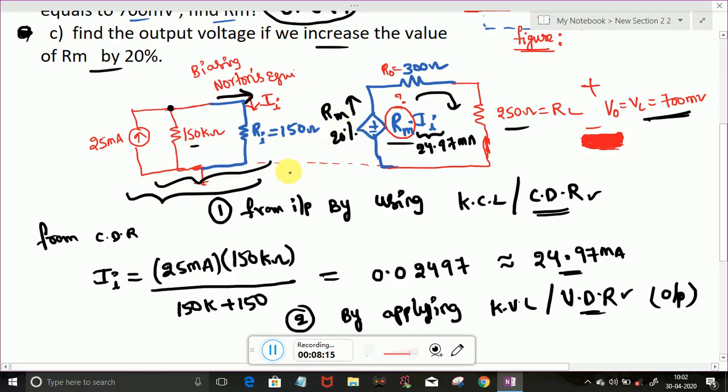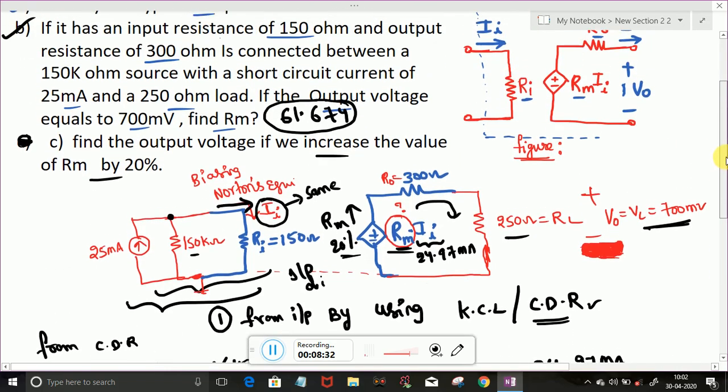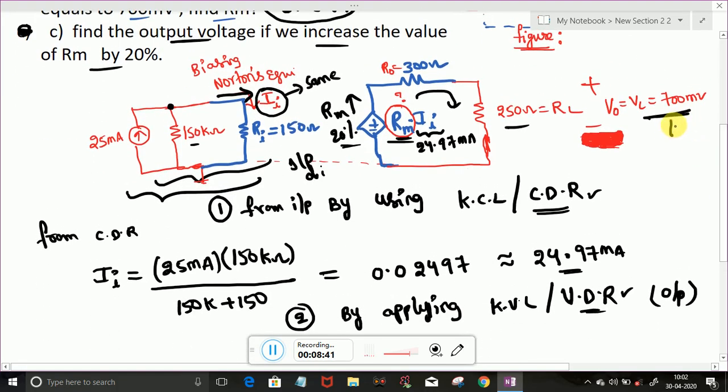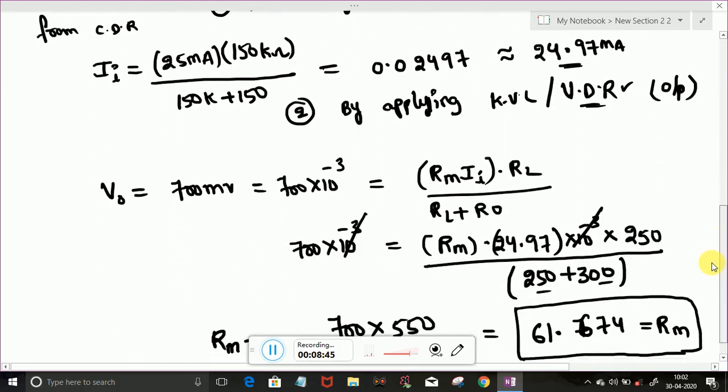The input side is not disturbed, so the II value will remain the same, but Rm is increased by 20%, so obviously the output voltage will increase. So the output voltage will definitely be more than 700 millivolts. The question is, how much will that value be?